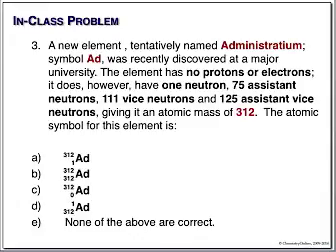You have to be a university professor to appreciate this. Element administratium has no protons or electrons, has 1 neutron, 75 assistant neutrons, 111 vice neutrons, and 125 assistant vice neutrons, giving it a mass number of 312.